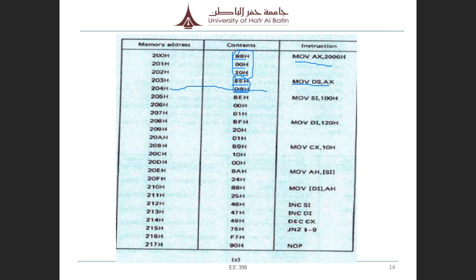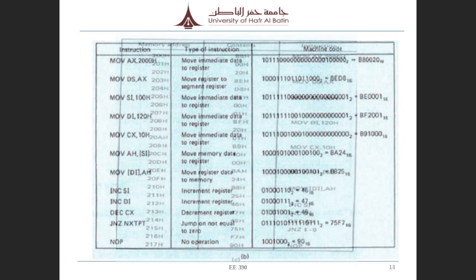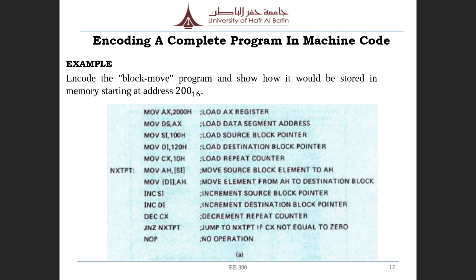Then what is the next line in our program? The next line is move si comma 100h. This is the same as before: it is immediate to register, so it will follow the same format.